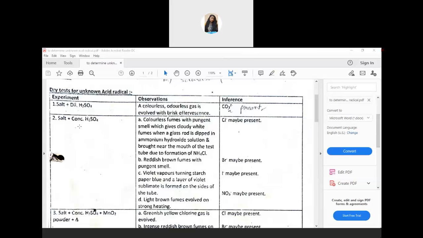You have to dip a glass rod in the hydroxide solution, and if chloride is present, then when you keep the glass rod at the mouth of the test tube, the color of the cloud may be white. Got it? Can you imagine that?